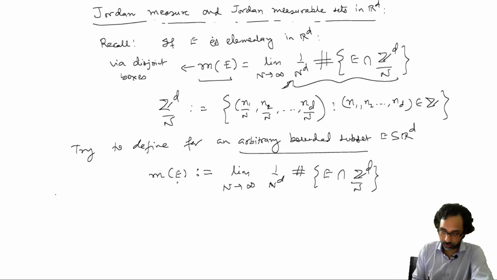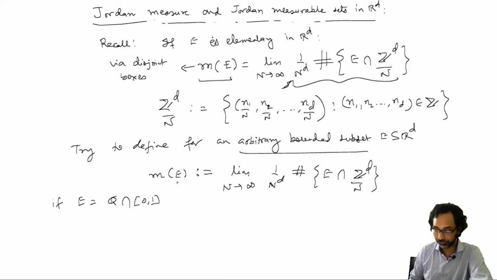But now notice that if E is the subset of rationals inside the interval 0, 1, then the measure of E via this formula is simply going to be 1.